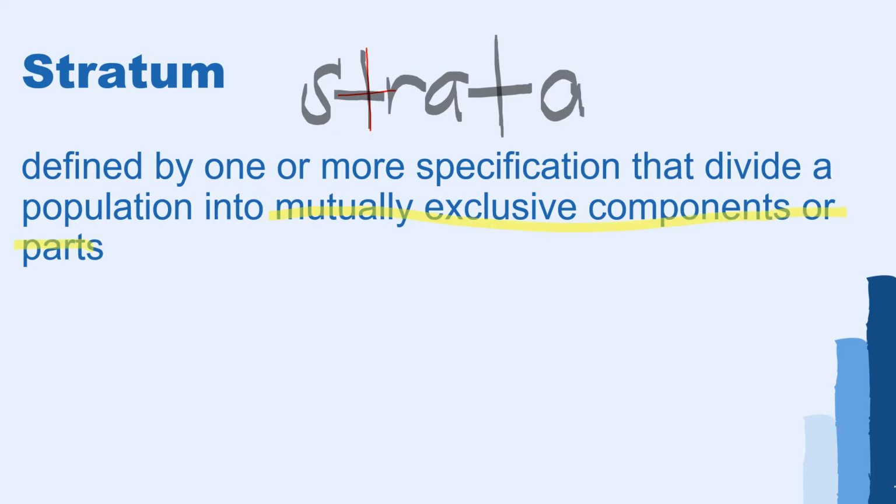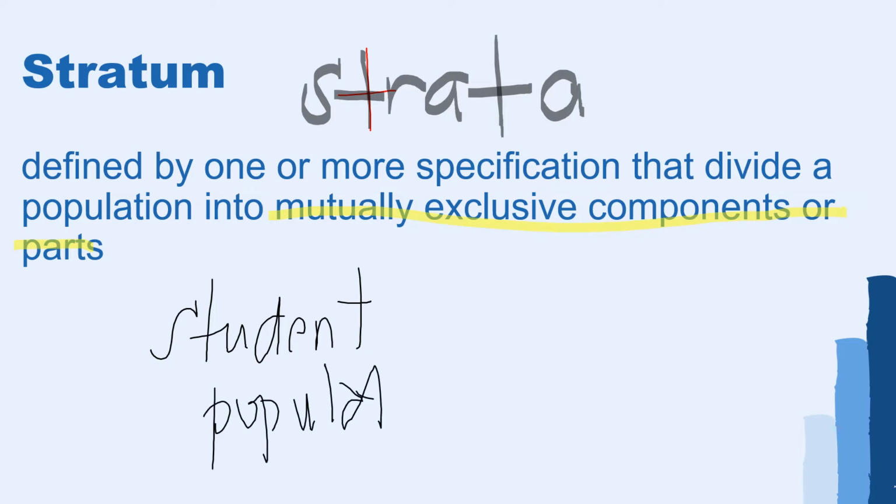For example, if my study population is student nurses, the strata from which I will be talking about my student nurses are level 1, level 2, level 3, and level 4.